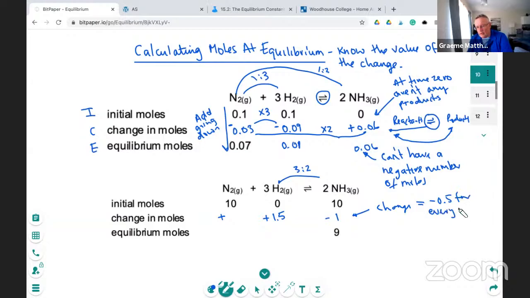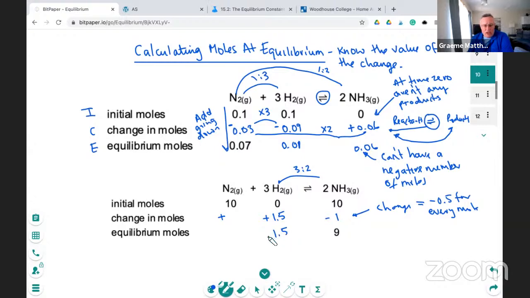So, if you're wondering how I'm doing this so quickly, it's because, right, you're thinking, 10 down to 9, the change is -1. -1 represented 2 moles of ammonia. Therefore, the change per mole is -0.5 going down here. So on this side, it's going to be positive. So 3 times 0.5 is 1.5, like so. And this is going to be 1.5 equilibrium moles for hydrogen.